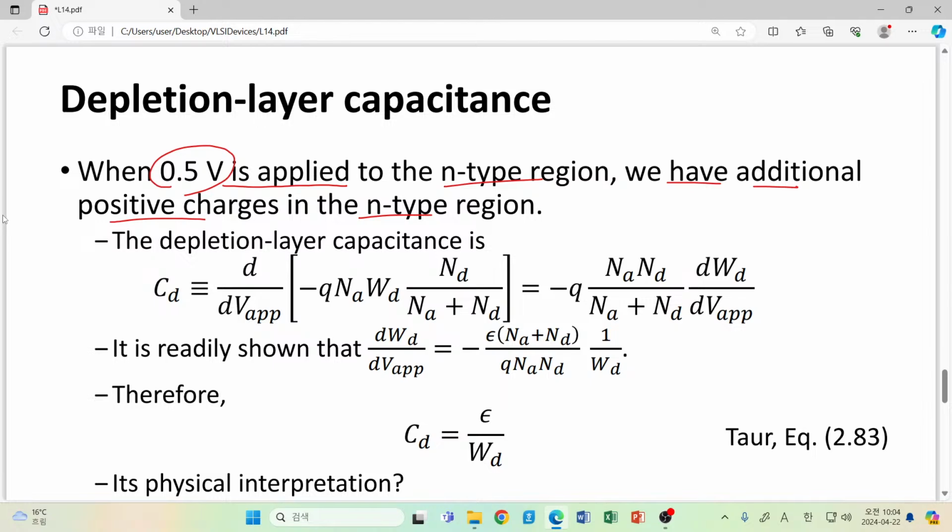So if you apply positive voltage, then you have additional positive charge, and if you apply negative voltage, then you have additional negative charge.